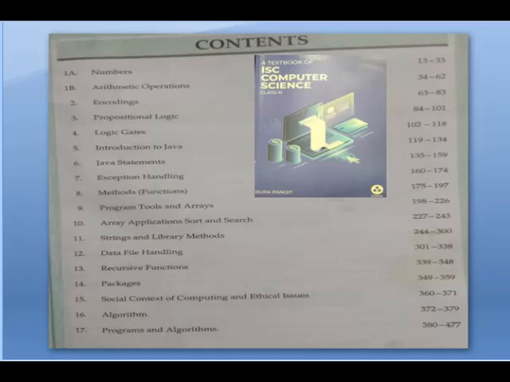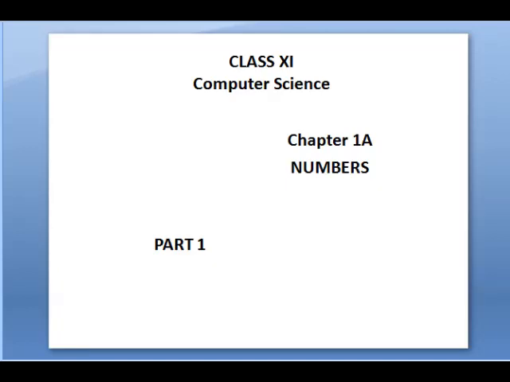Okay, so students, now we are going to see the first chapter, numbers. Okay, this is the part 1 of the chapter number 1, numbers.